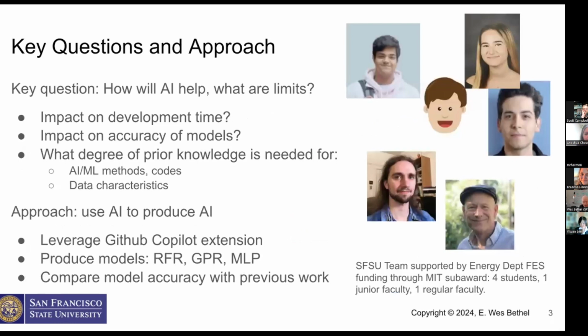I have a sub-award now from MIT, who are some of the partners on the project, to look at this very question. And I have a team of students who I've shown here. The approach is to leverage GitHub's Copilot, which you're going to see in action, to generate models and compare model accuracy with previous work.